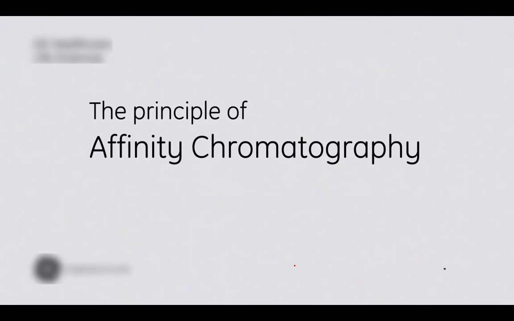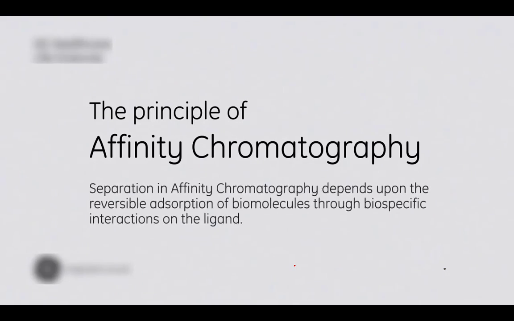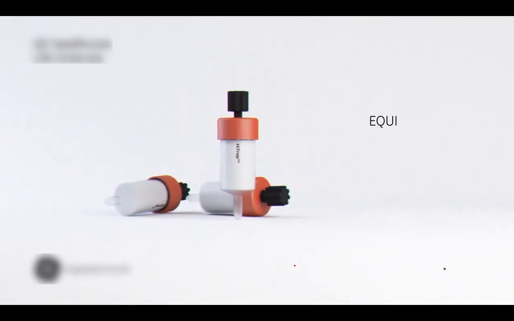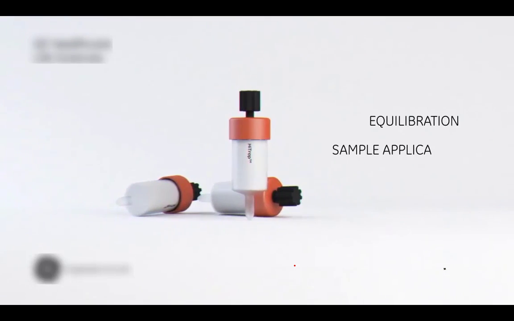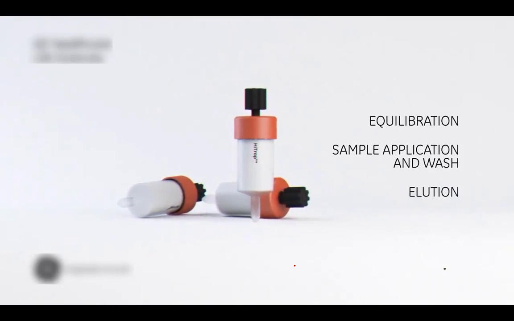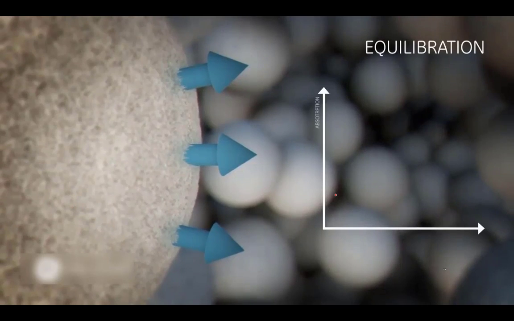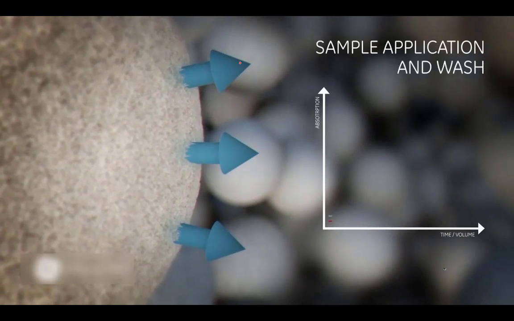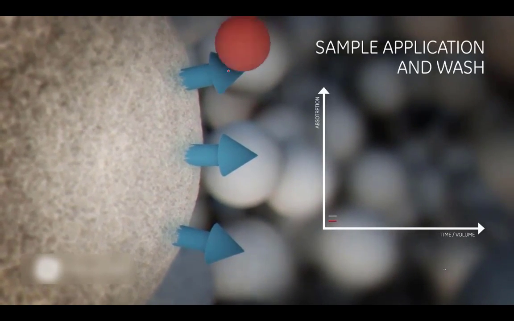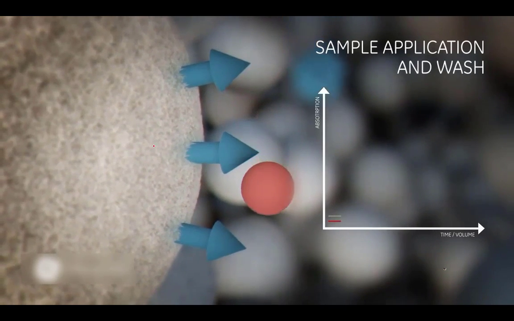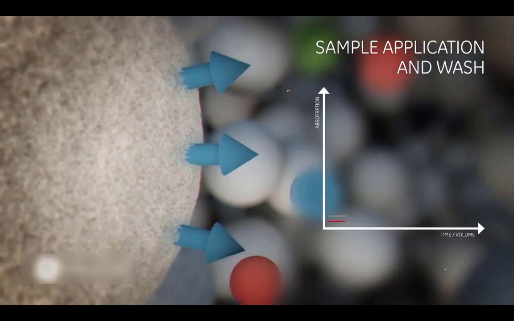So this process of affinity chromatography mostly consists of three to four steps: equilibration, sample addition, washing, and finally elution. The first step is equilibration, where the spacer molecule and the ligand molecule are equilibrated with the stationary phase. Then we add the sample.